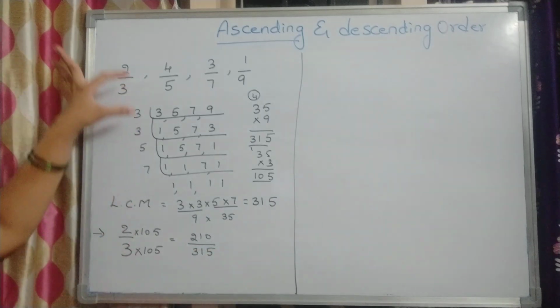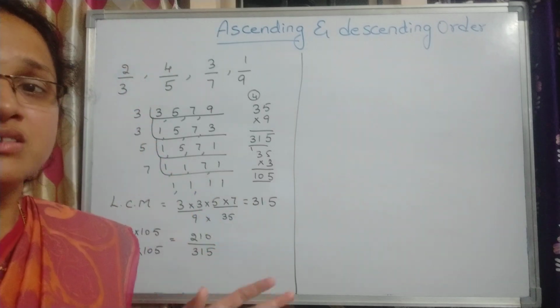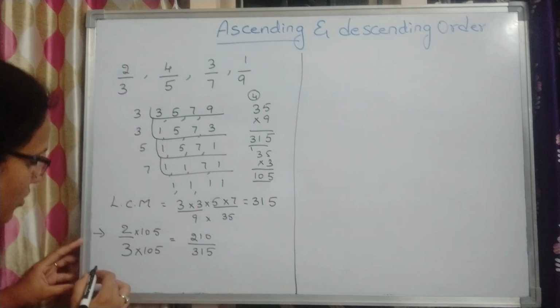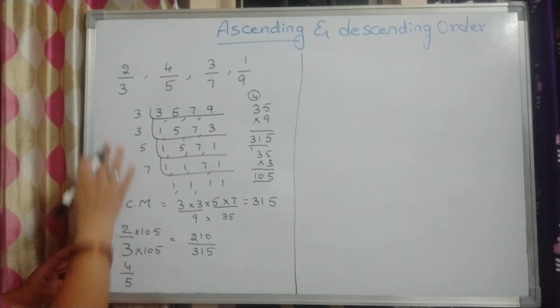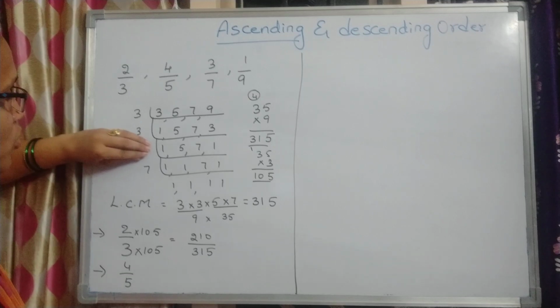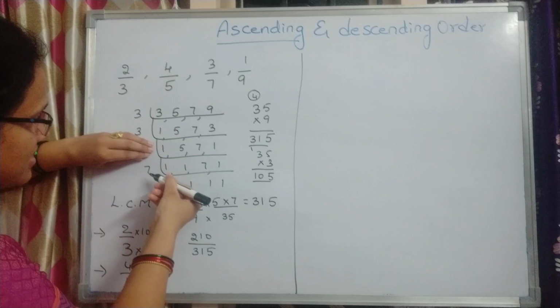So you should take each fraction and convert them. That means you should make the denominators 315. Now let me take the second fraction, which is 4 by 5. In the same way again, I'm going to remove that 5. So see what are the remaining: 3 3s are 9, 9 7s.